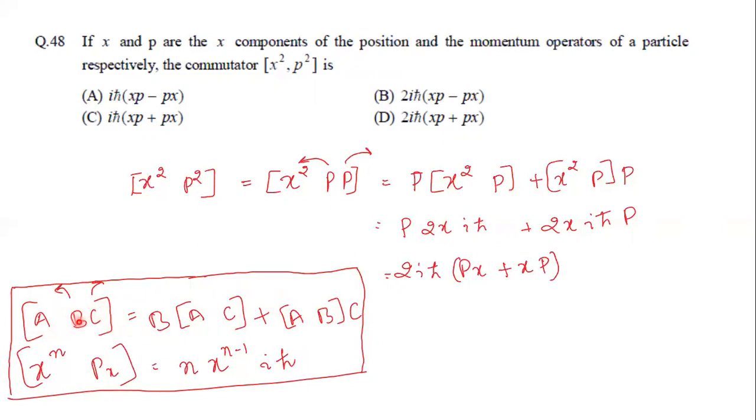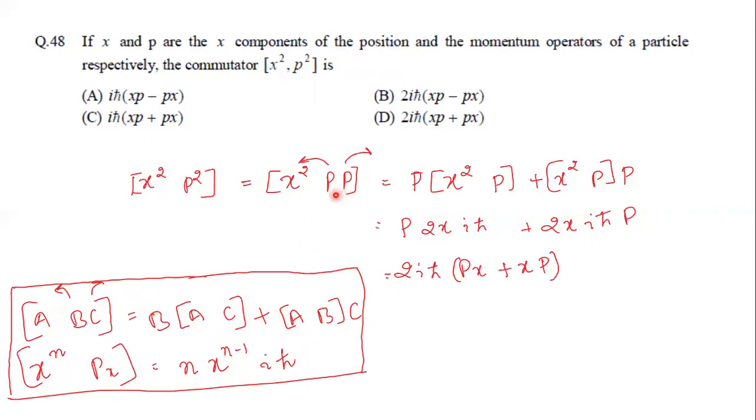Now this B will go to the left, then we are left with A and C, that is written here. Then this C will come to the right side, and we are left with the commutator [A, B] times C. That's why we should remember this formula.